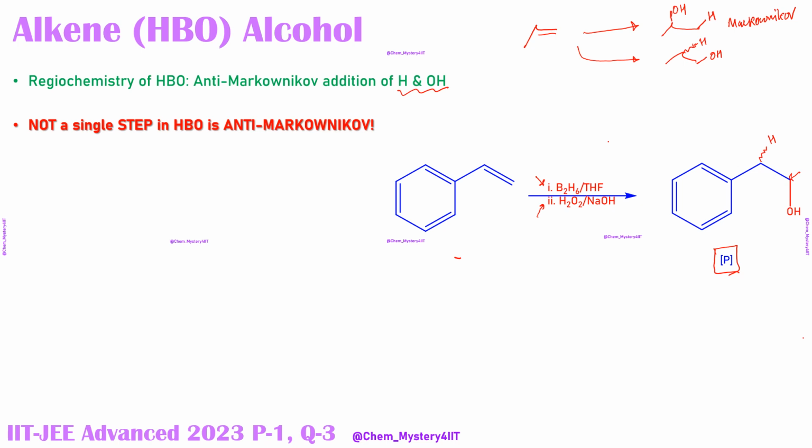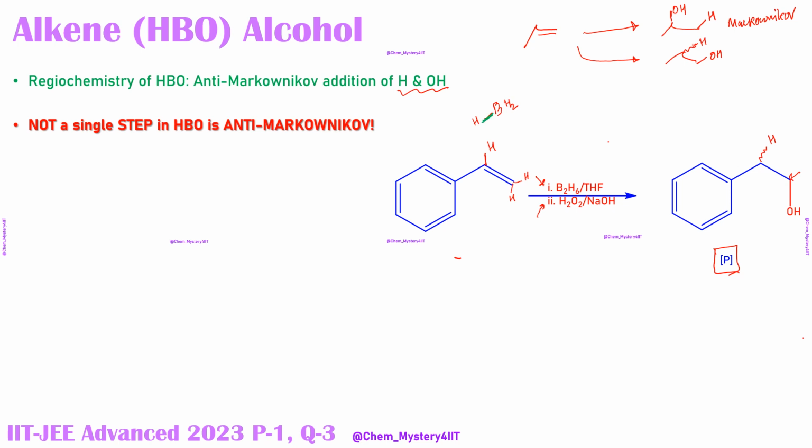Let us see what we are having here in this styrene. This carbon is having 1 hydrogen and this carbon is having 2 hydrogens. So if we split B2H6 into 2 times BH3, then we have one part as hydrogen and another as BH2. If you break these bonds, H and BH2, what gets the positive charge and what gets the negative charge?